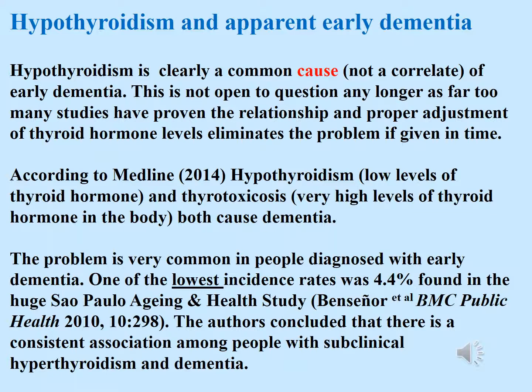One of the lowest incident rates was 4.4%, found in the huge São Paulo Aging and Health Study. The authors concluded that there is a consistent association among people with subclinical hyperthyroidism and dementia.